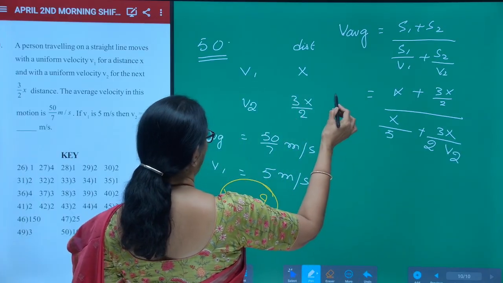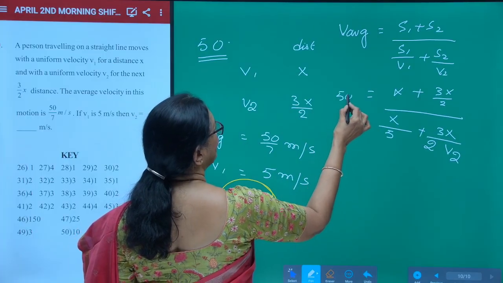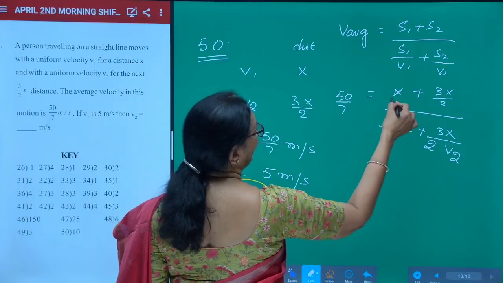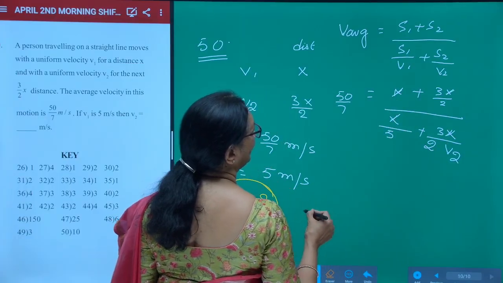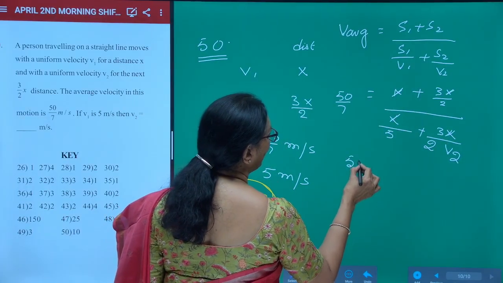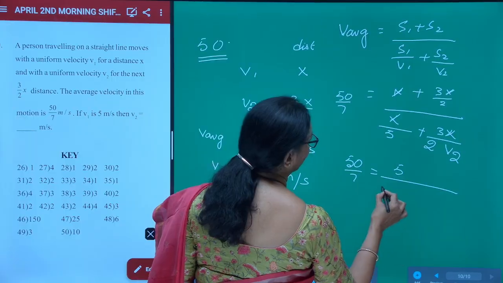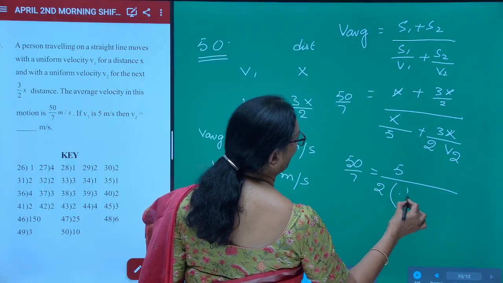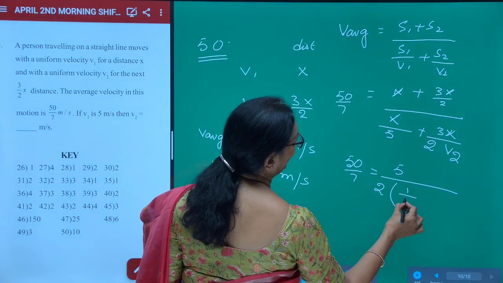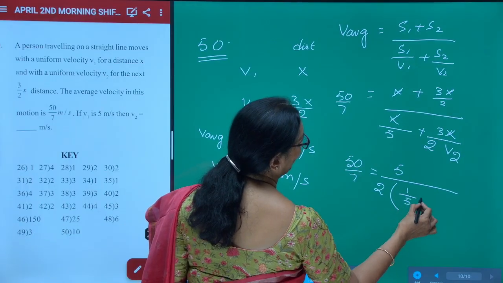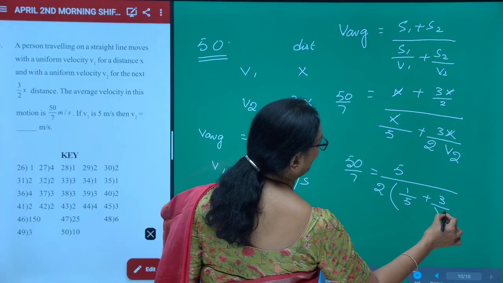This is given as 50 by 7. So, you can take x as common and cancel it. Then 50 by 7, 1 plus 3 by 2 is 5 by 2, 5 by 2, 1 by 5 plus 3 by V2.